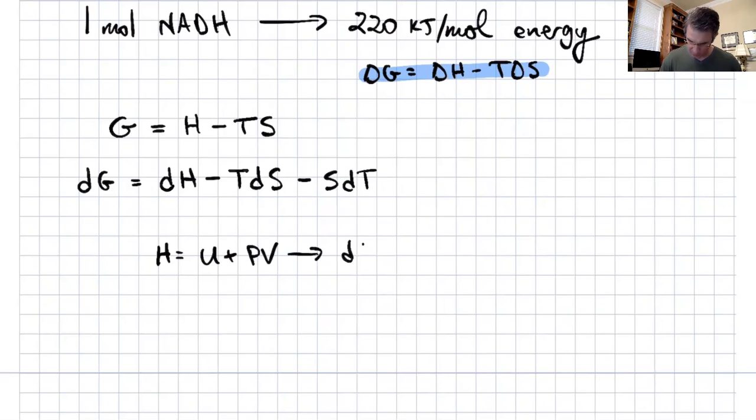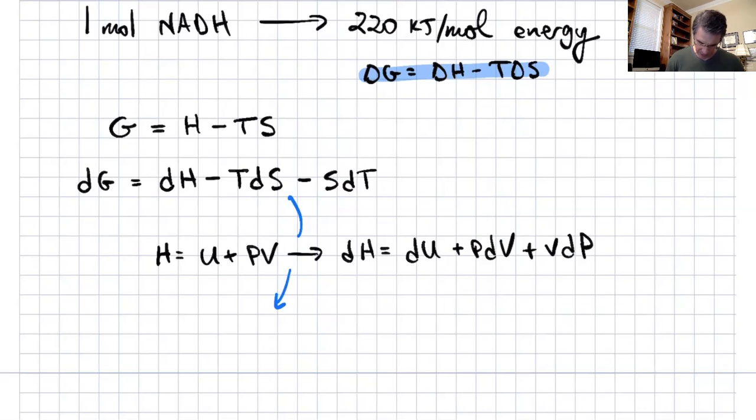The differential change in the enthalpy is equal to the differential change in the internal energy, and again applying the derivative product rule, plus P dV plus V dP.